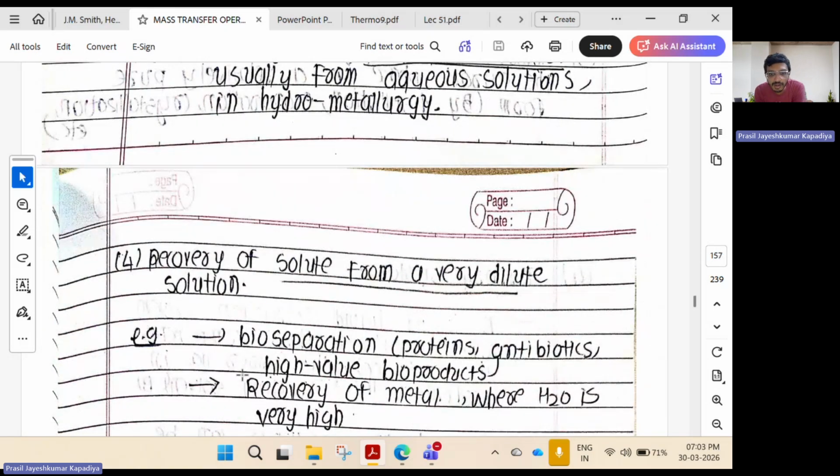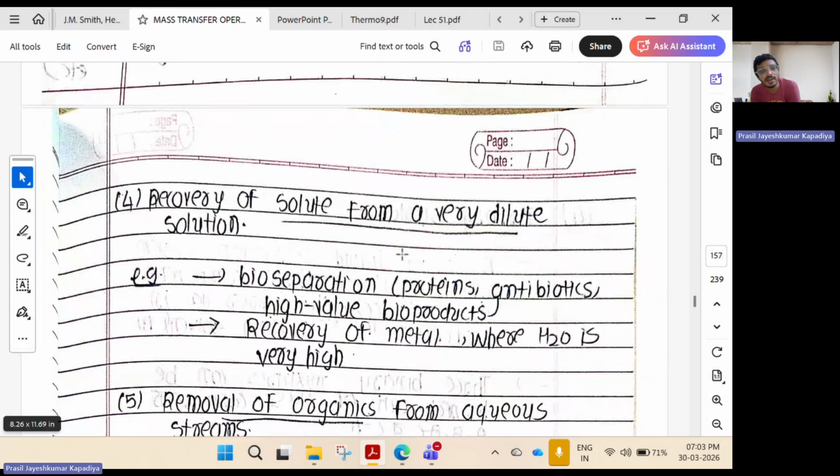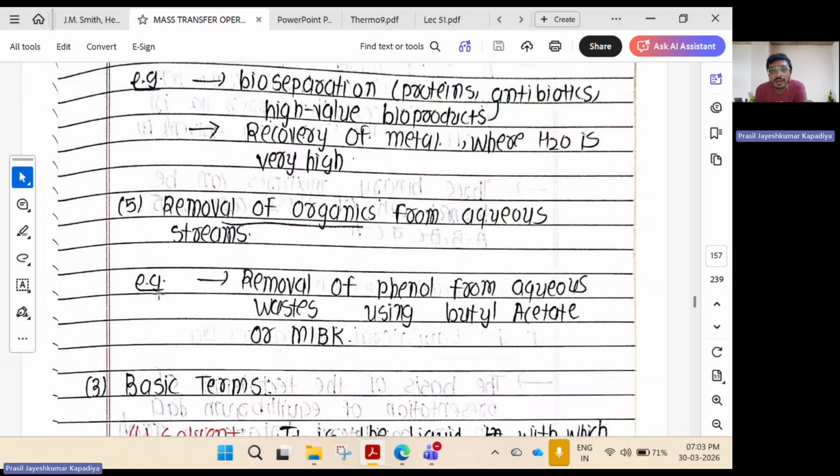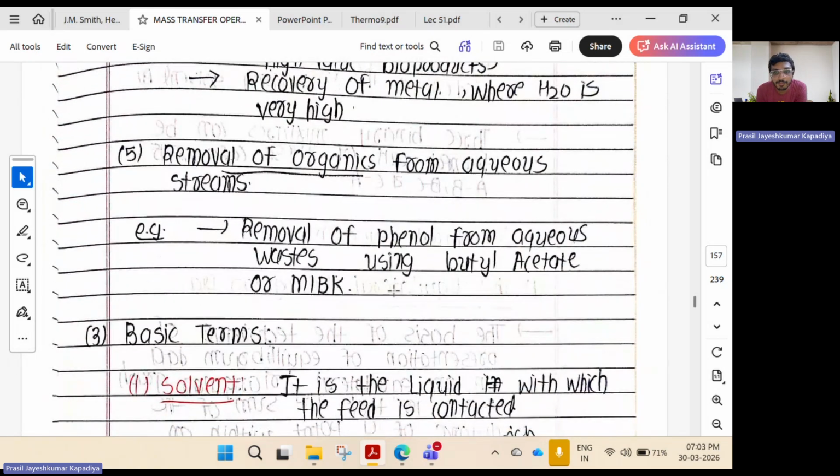Its most common application is in dilute solutions and removal of organics from aqueous solution. An example is removal of phenol from aqueous waste using butyl acetate or MIBK. MIBK, methyl isobutyl ketone, is considered one of the very fine solvents which always works for extraction.